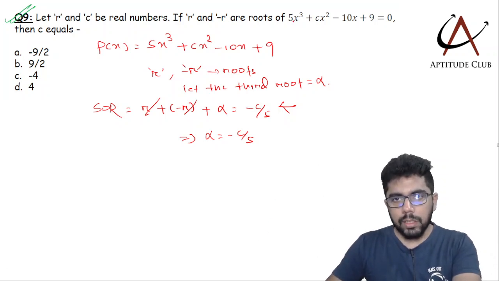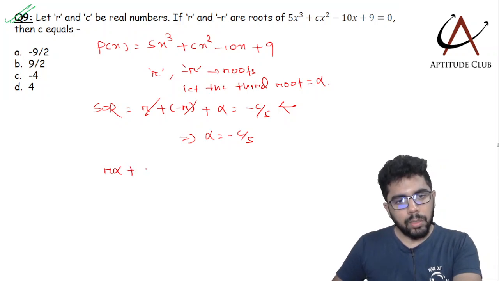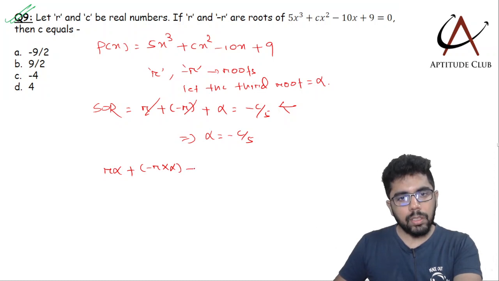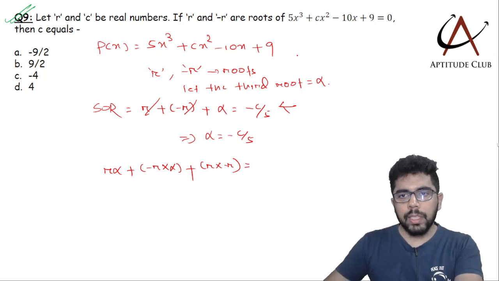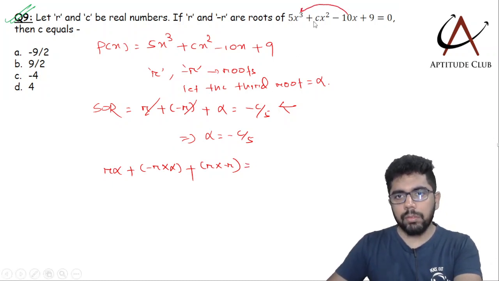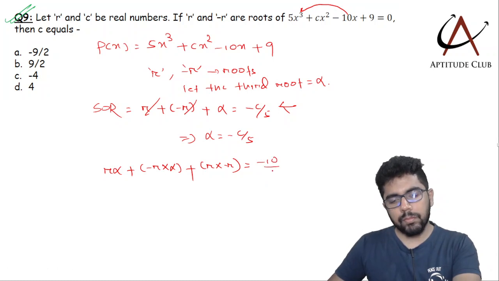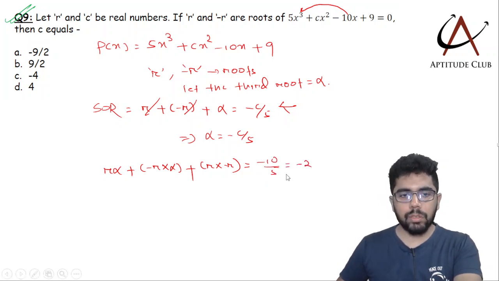Then next, if I write sum product of roots, r into alpha plus minus r into alpha plus r into minus r. Sum product of roots, roots taken 2 at a time, is c by a. C here is minus 10 by 5, is minus 2.